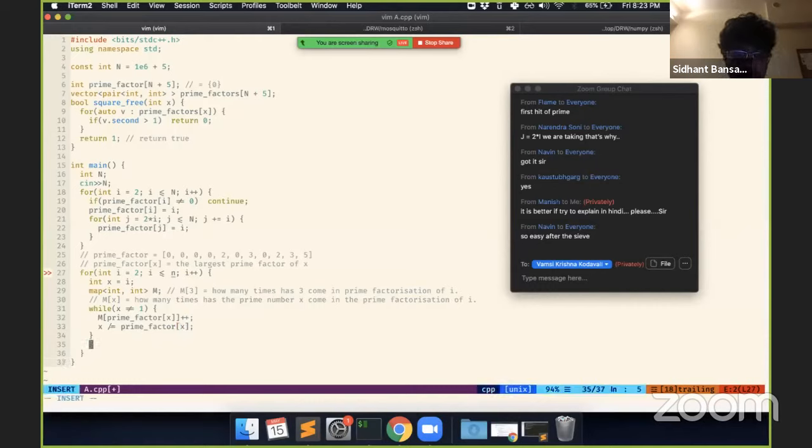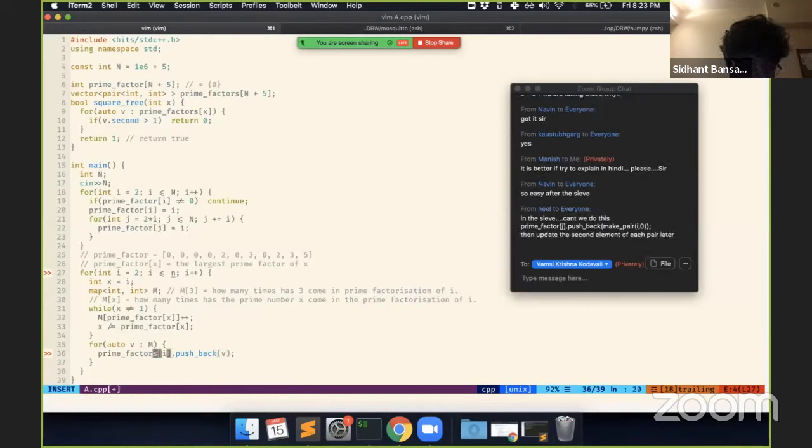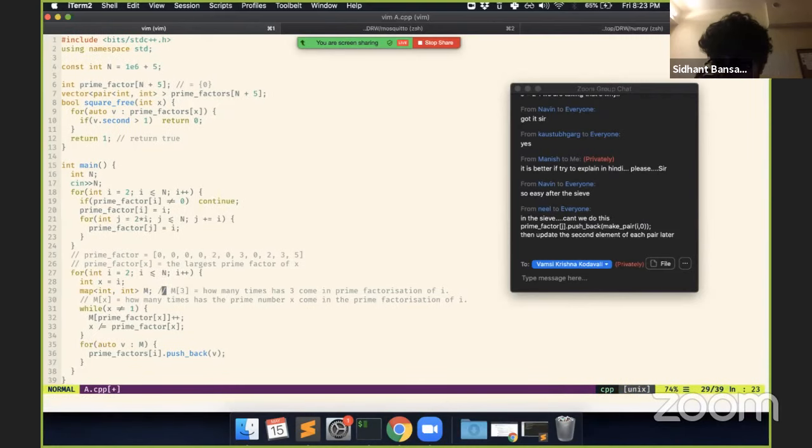And eventually what you do is, you do prime factor, I dot push back v dot first, v dot second. Yep. So this is pretty much the code.